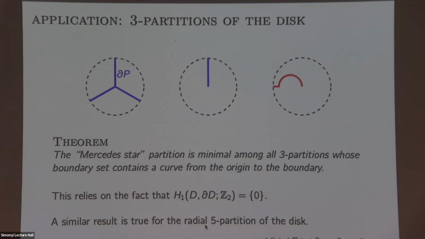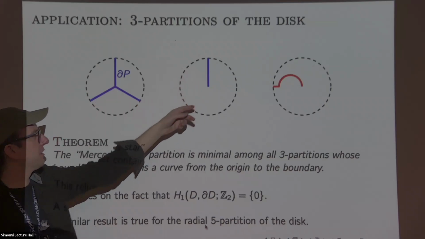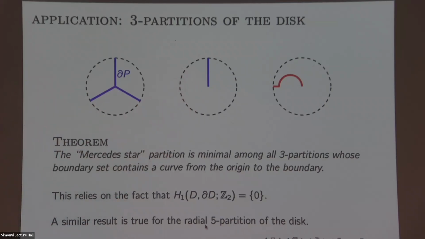Okay, maybe just a quick simple example of this result. If we look at this Mercedes star partition, it's not hard to show that this is the nodal partition of a Courant-Sharp eigenfunction for this cut Laplacian, where we put our cuts on all three segments here, or just on one. They're unitarily equivalent, so it doesn't matter. It's Courant-Sharp for that operator, and so our theorem guarantees that it's minimal compared to all other three partitions in this homology class.